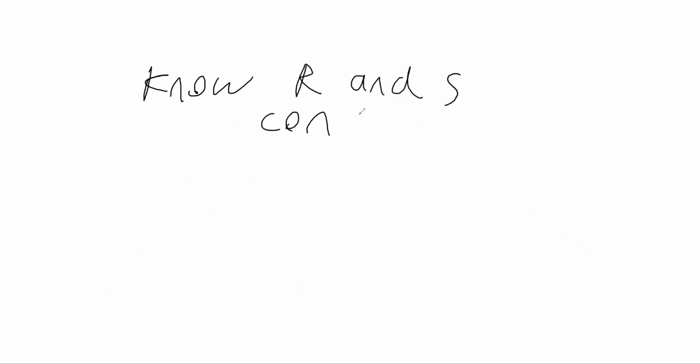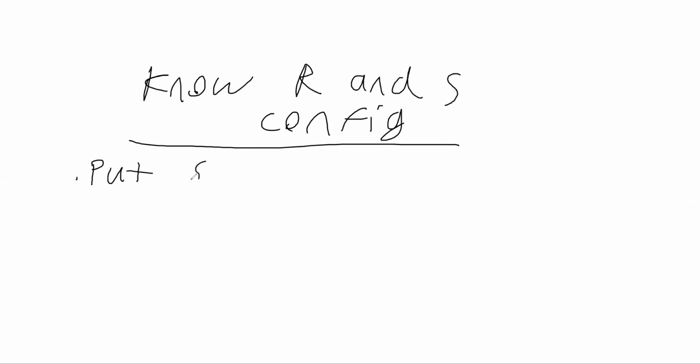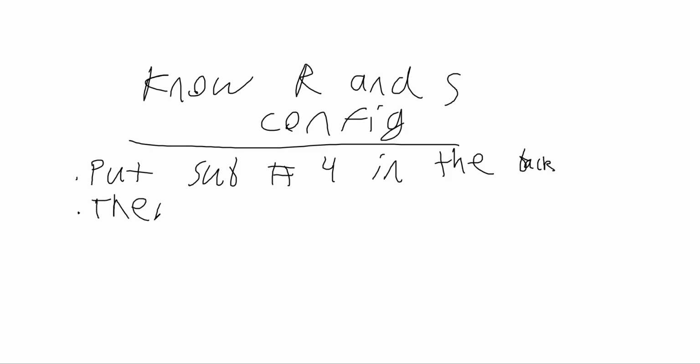Just know how to assign R and S configuration. What you have to do is put substituent number 4 in the back, and then draw an arrow from 1 to 2 to 3.